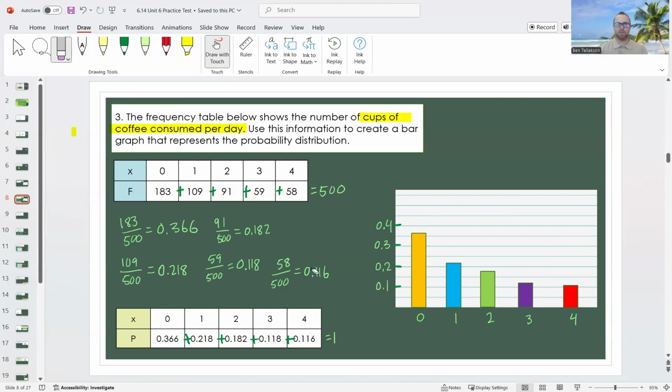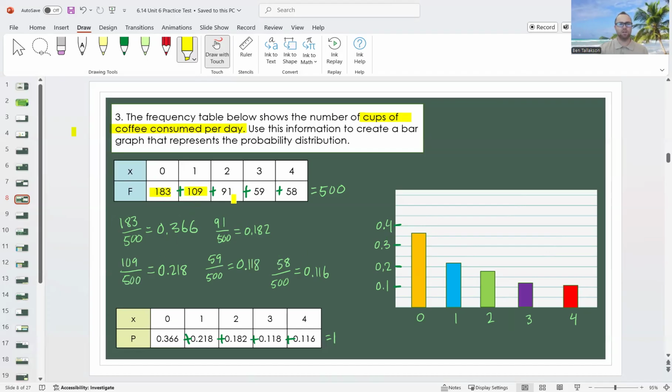To find the probabilities now, we add all the frequencies. We then find each individual probability. I set up a probability distribution table below. They didn't ask us to make a table, but you basically have to do this anyway, so why not? You take each frequency, divide by the total. Total is over here again, 500. Then we take the next frequency, 109, divide by the total, and so on.